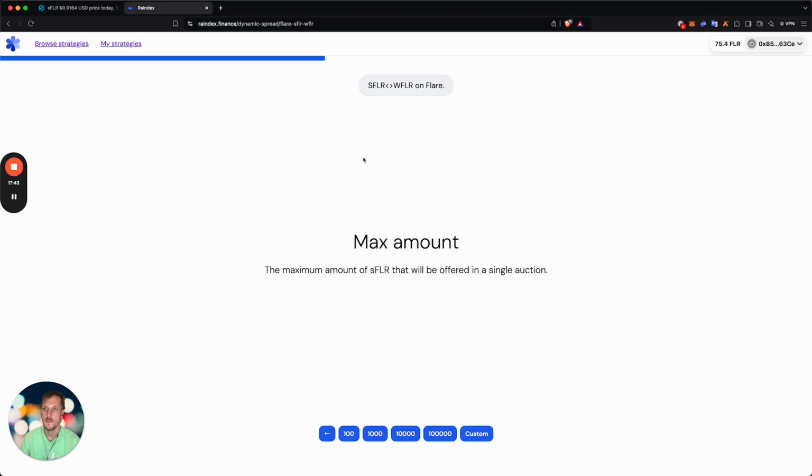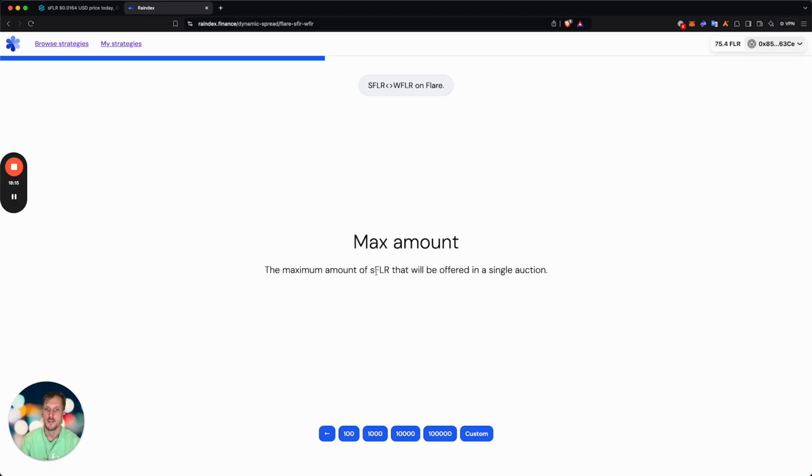And this strategy is denominated in S-Flare because the S-Flare token is the one that the rewards are accruing to. We generally are going to treat that as the reserve token in this strategy, that's to say this is the token that we think is going to hold its purchasing power better over the long term, which I think makes sense because there's no rewards going to wrap flare. The rewards are going to the staked flare.